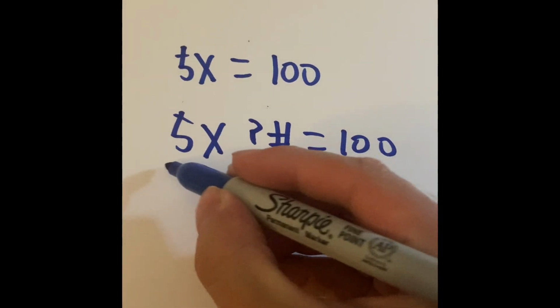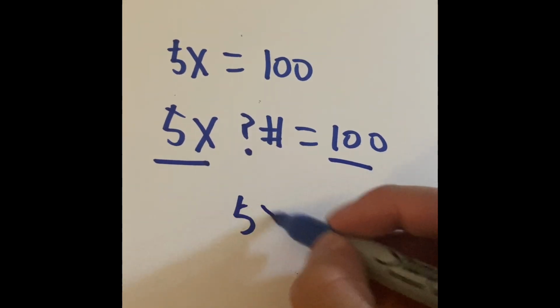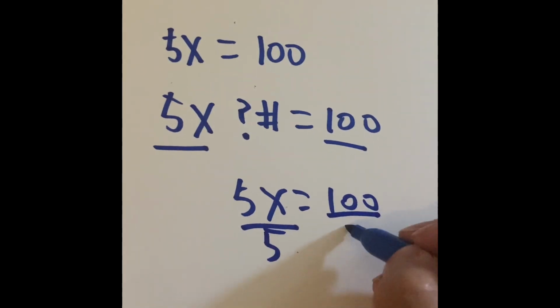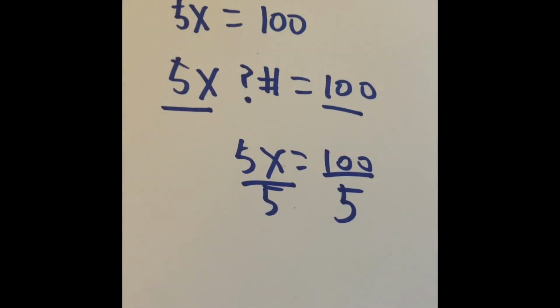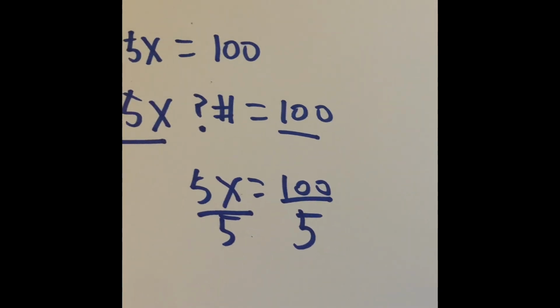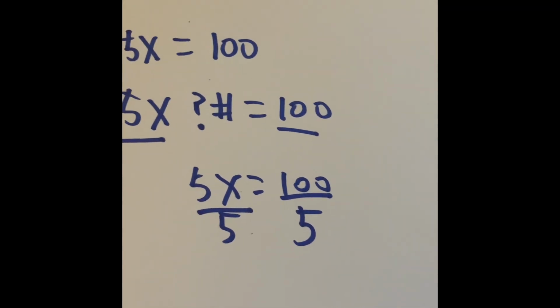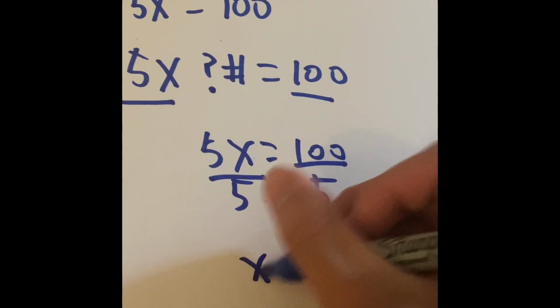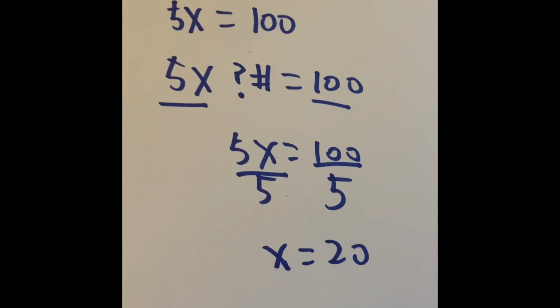So we have to divide both sides by 5 to get x alone. Because if we multiply, we have to divide. If we add, we have to subtract, and the other way around. So when we do that, 100 divided by 5 is going to be 20. So x is going to equal 20 in this problem.